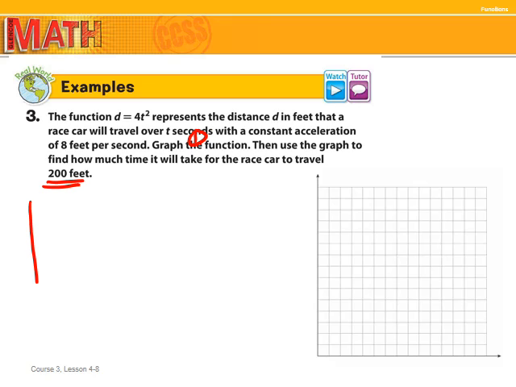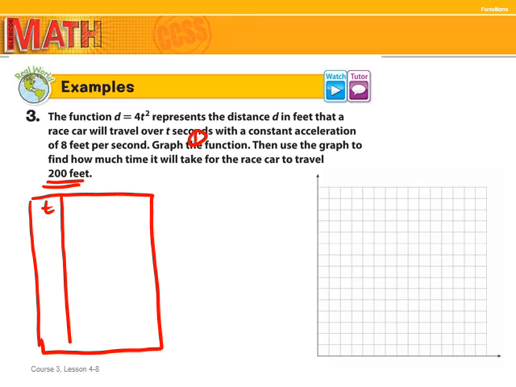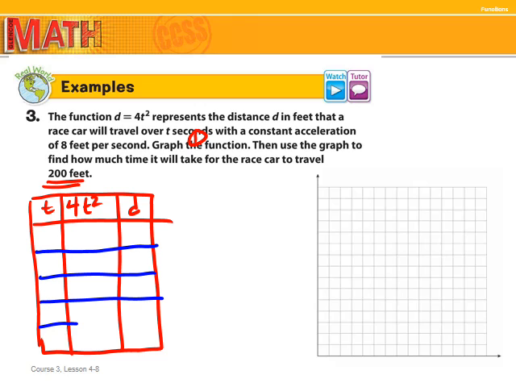So we're going to start off with the table. We want to use positive values because obviously you can't go negative seconds. So we'll use t, our seconds. I'm going to plug in my rule, 4 times t squared, and that's going to give me my output of distance. I'll pick 5 different numbers: 1, 2, 3, 4, 5. Now I'm going to substitute each of my inputs into my rule.